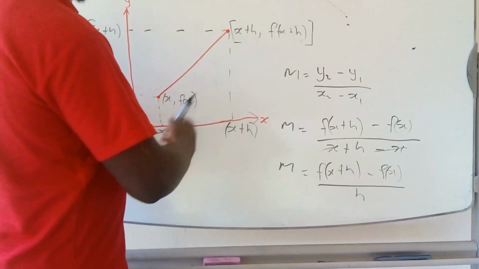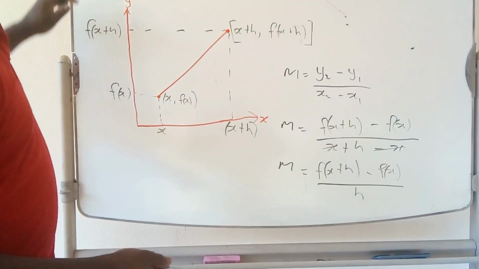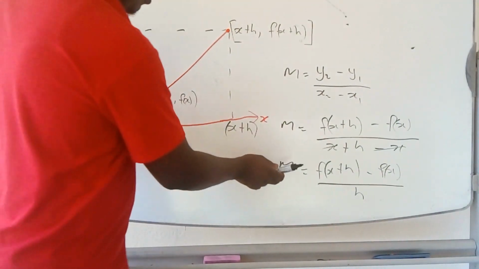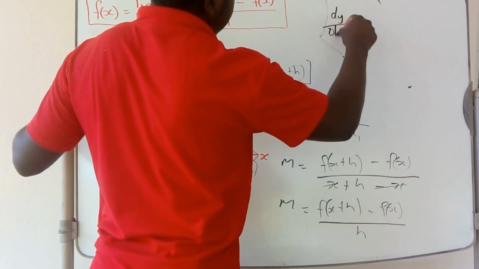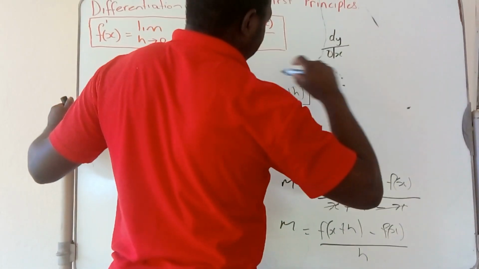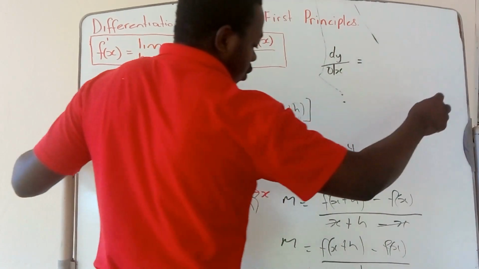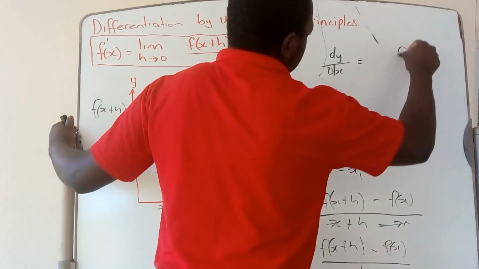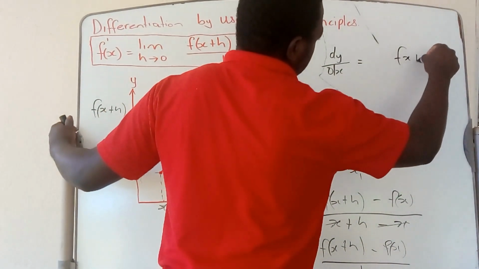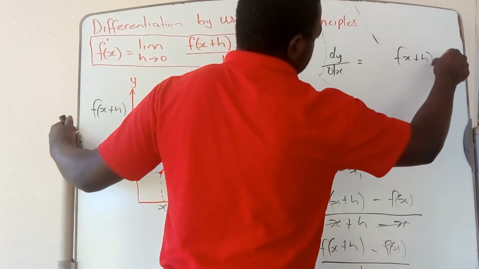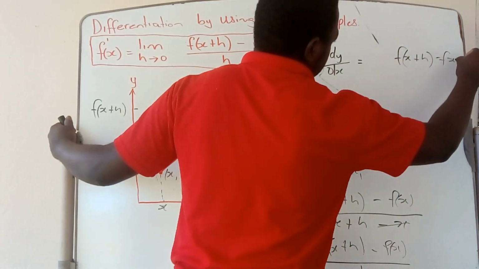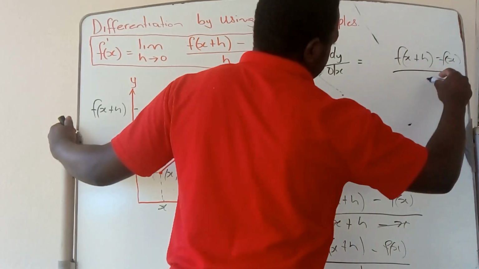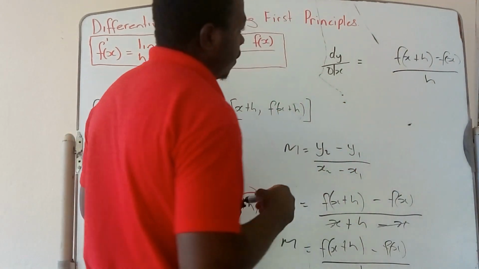But what is m? dy by dx, right? Or f prime of x, right? So we could replace this and put dy by dx is actually equal to this thing, which is f of x plus h minus f of x, all of that divided by h, right?